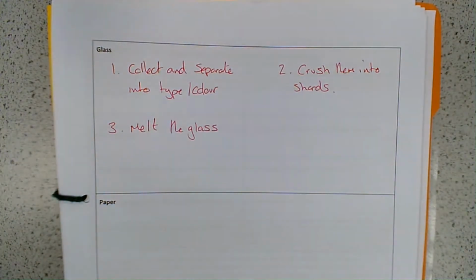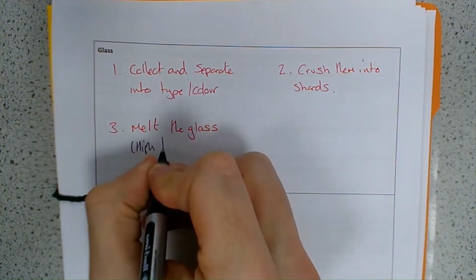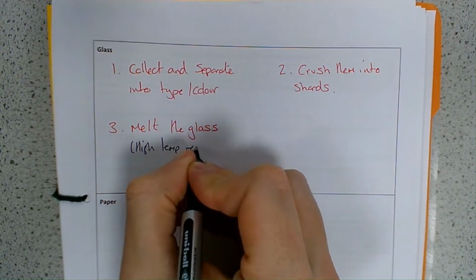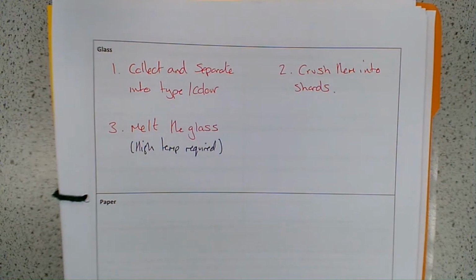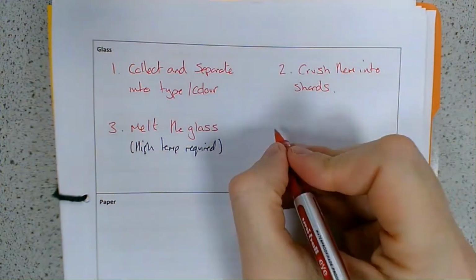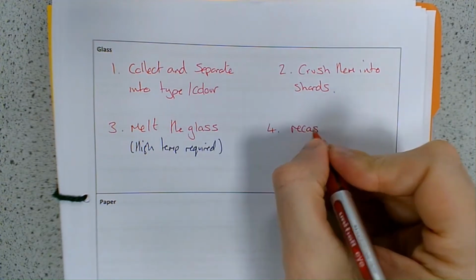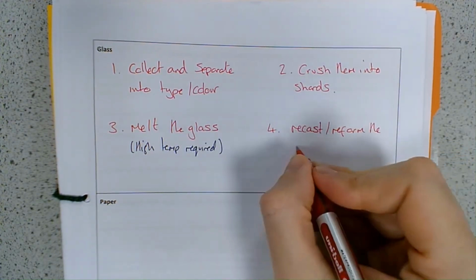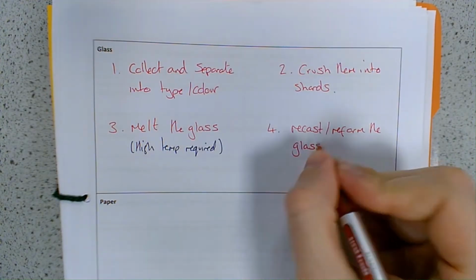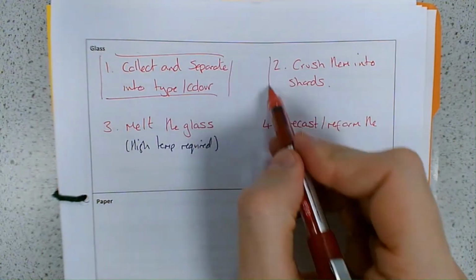And again, high temperature required for this. And then finally, we can recast or reform the glass. So this one has 4 main stages.